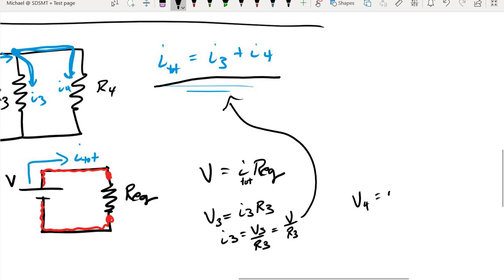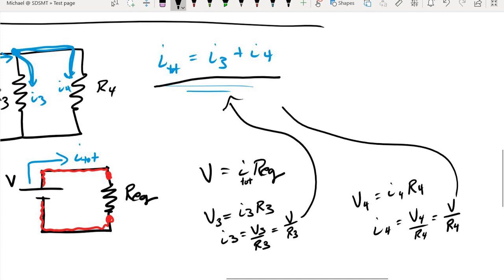Likewise, Ohm's law for resistor 4 says that current 4 will have to equal the potential across resistor 4 divided by resistor 4. But again, this is the same potential as the battery, and so this will get substituted in for I4. So I total now equals V over R3 plus V over R4.